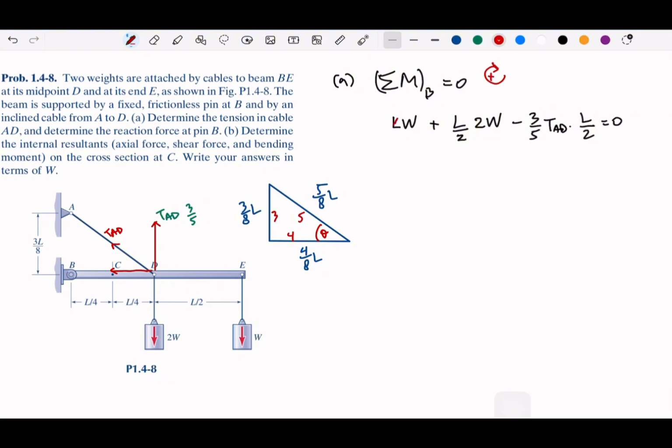We can cancel all the L. And then we can write 3/10 TAD is 2W, right? So TAD is 20 divided by 3, which is 6.66, or 7W. Okay. So this is TAD.